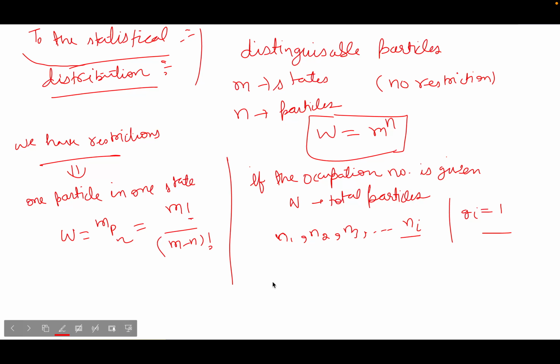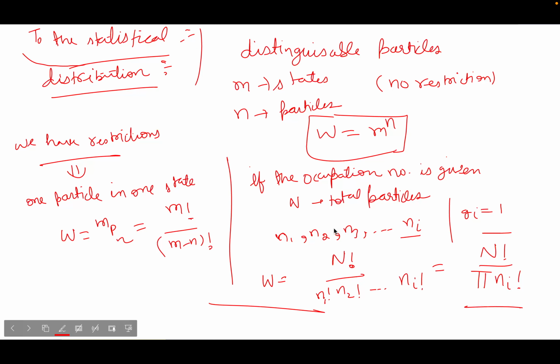Then W will be equal to n factorial divided by n1 factorial, n2 factorial up to ni factorial. This is equal to n factorial divided by the product of ni factorial. So this is the formula if the occupation number is given and degeneracy is 1.